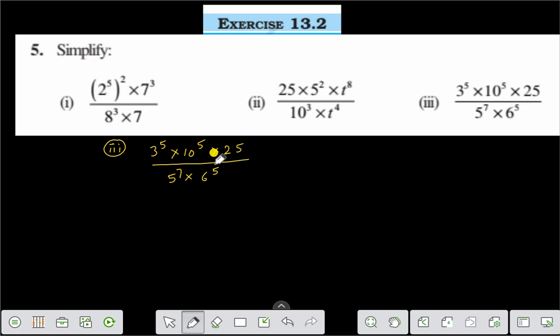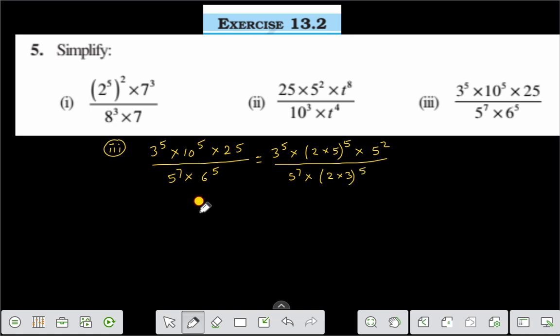Right? I'll find this one as 3 to the power 5 into 10 to the power 5, where 10 can be written as 2 into 5, into 25, which can be written as 5 to the power 2, divided by 5 to the power 7 into 6 to the power 5, where 6 can be written as 2 into 3, to the power 5.